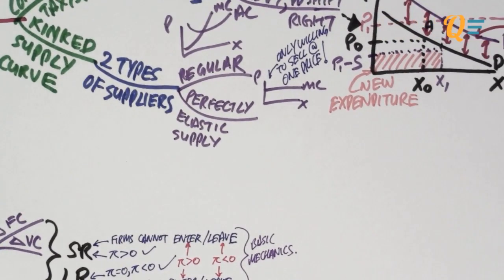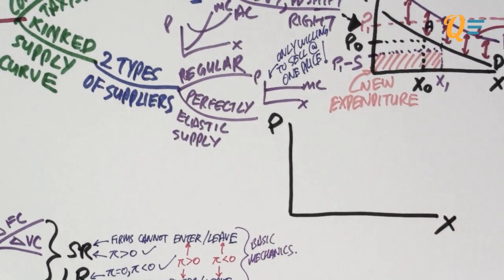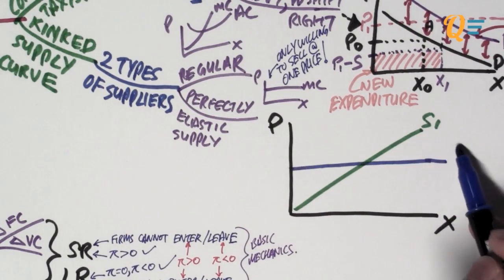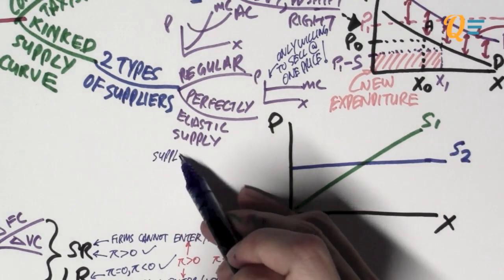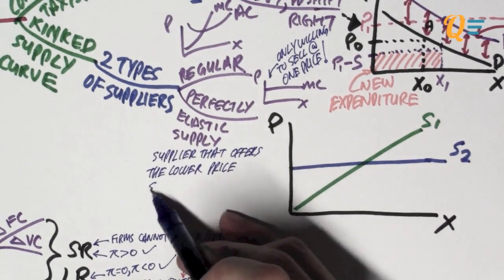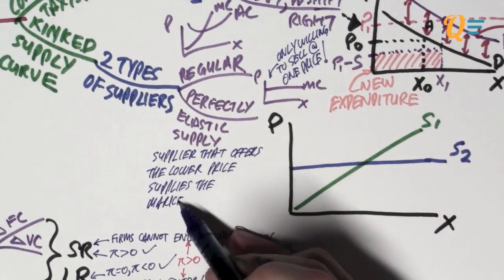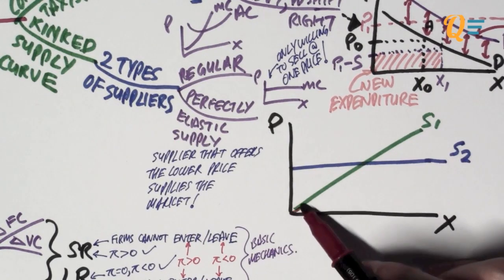We now have to combine these two supply curves together. So how's this going to go? The first supplier obviously has a normal upward sloping curve, and let's just call it S1. And S2 refers to that perfectly elastic supply curve. Now, the general rule is this. The supplier that offers the lowest price to the market gets to supply the market. I mean, that makes sense, right? People will only buy from the cheaper source.